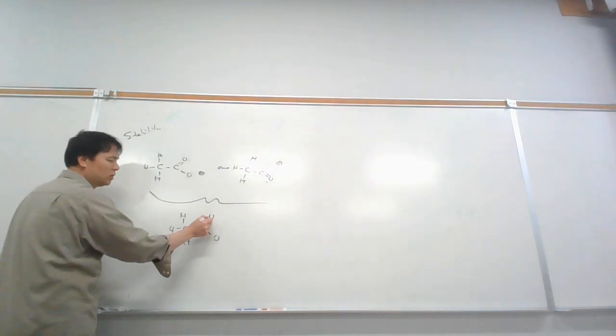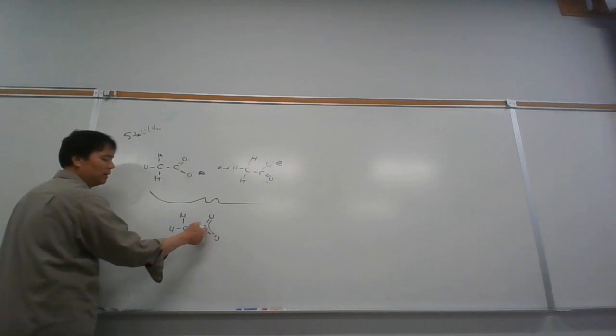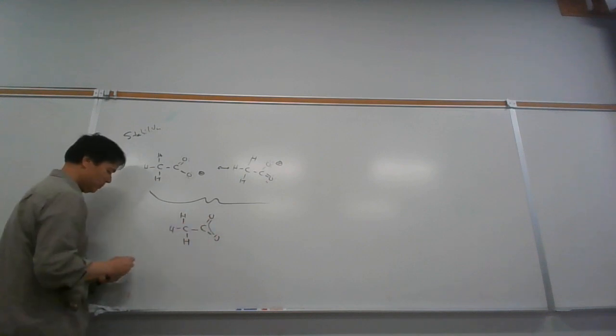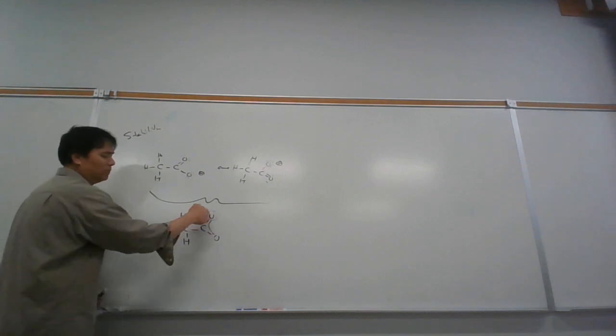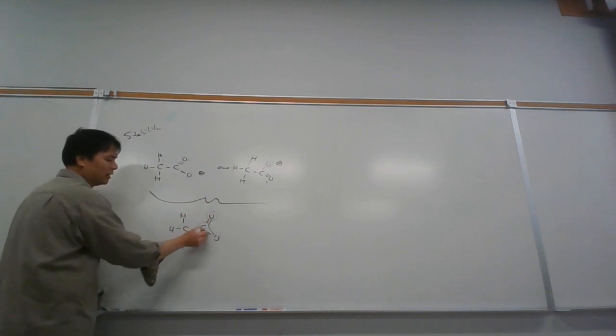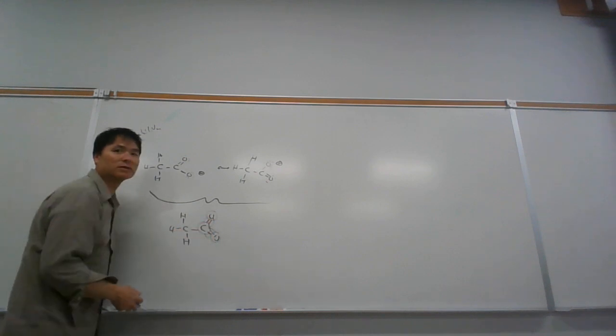To show that the pi bonding electrons are spread out over these 3 overlapping p orbitals, the p orbitals are going to look like this. There's one lobe sticking out, another lobe sticking in. These p orbitals overlap like this, and therefore the pi bonding electrons are spread out over those 3 p orbitals. Do you see that?